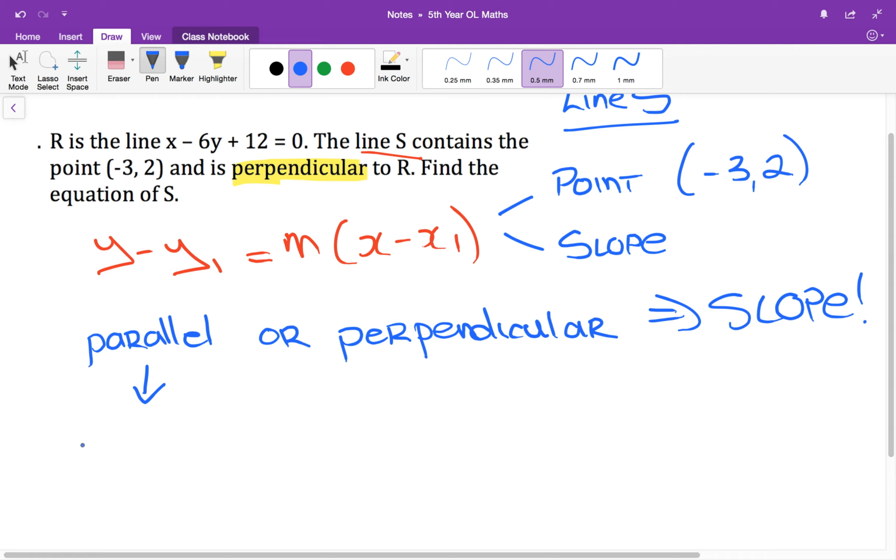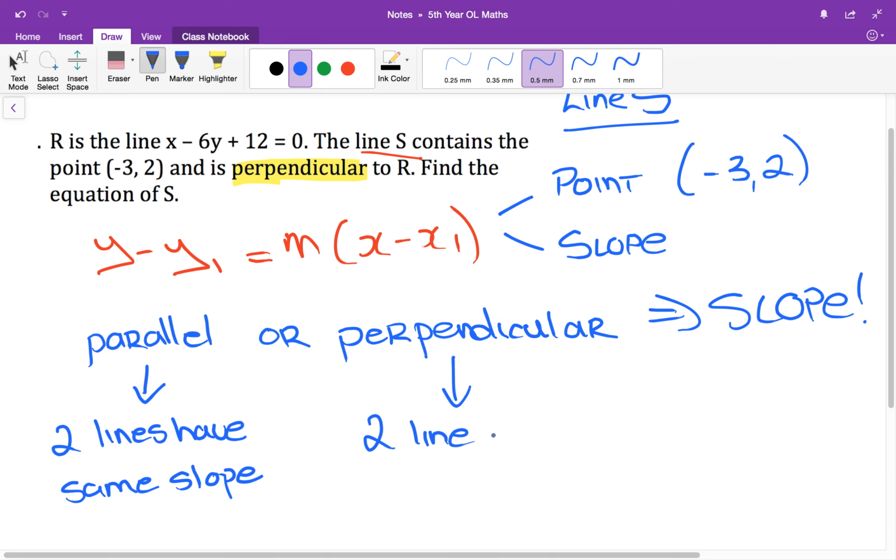So if the question says parallel, then the two lines have the same slope. And if the question says perpendicular, then the two lines have what I'm going to loosely call inverse slopes.